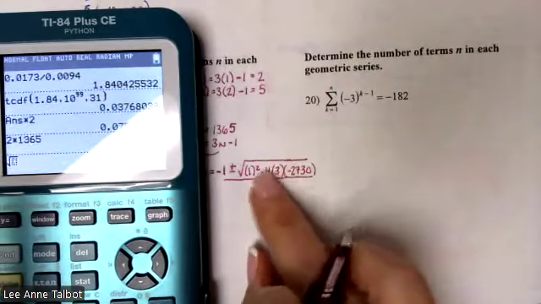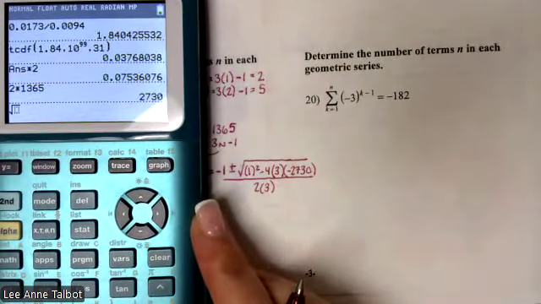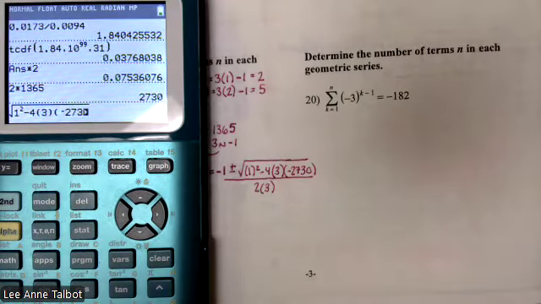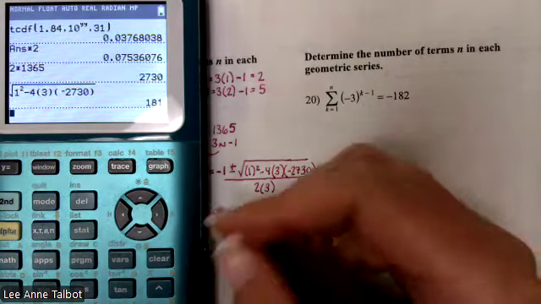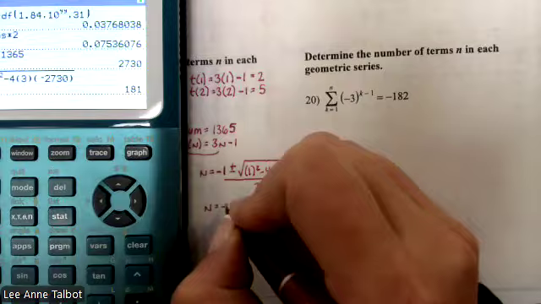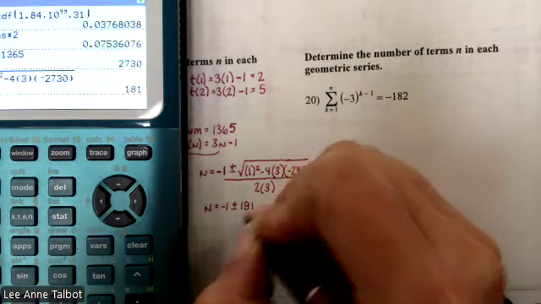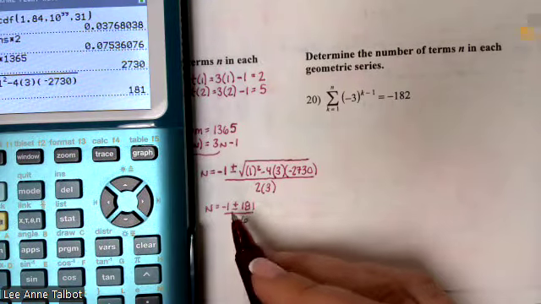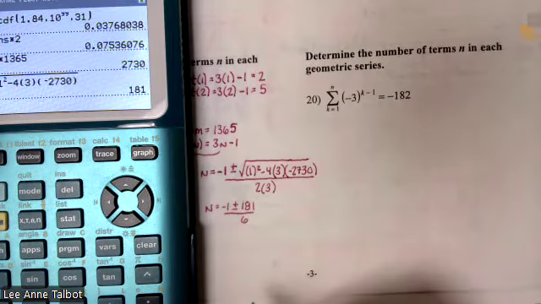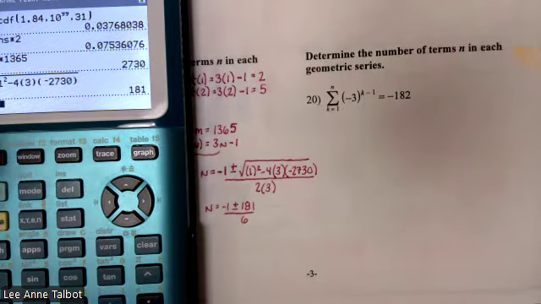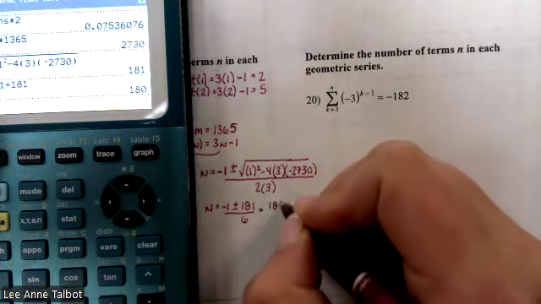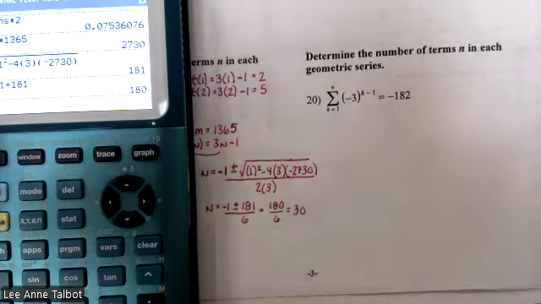I'm going to type this square root part, and if it doesn't come out evenly, I did something wrong. Yay. And remember, on these, n has to be a positive whole number, so I only have to do the plus part. So negative 1 plus 181, enter, is 30.